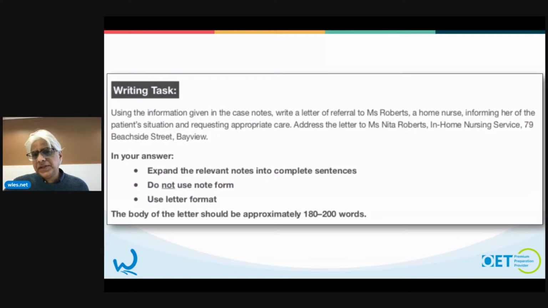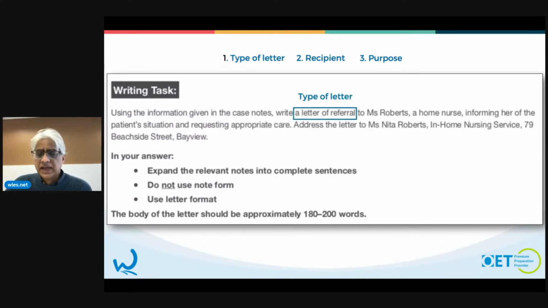So normally what they do is they give you some information. They're going to really tell you what type of letter you're writing, who you're writing to, the recipient, and they might give you some information about the purpose. So you can see here it's a referral. You can see also the recipient, Miss Roberts, and really importantly, her job.